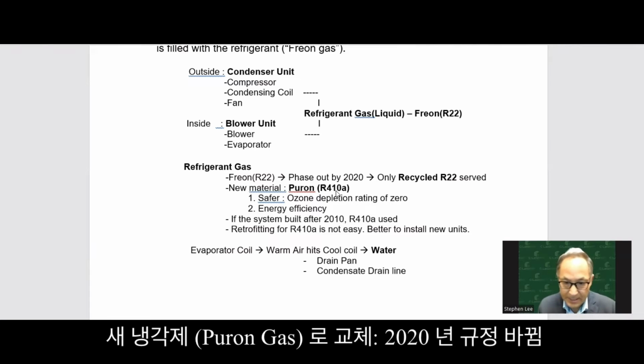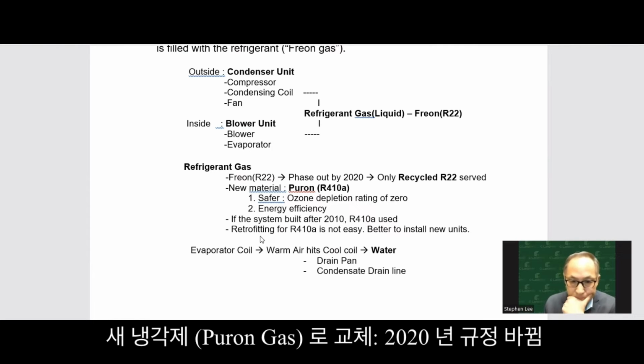If you mention this gas, they'll know you know something. This gas is safer, with an ozone depleting rating of 0, so no ozone damage, and it is energy efficient. If the system was built after 2010, the new material R410A should be used.